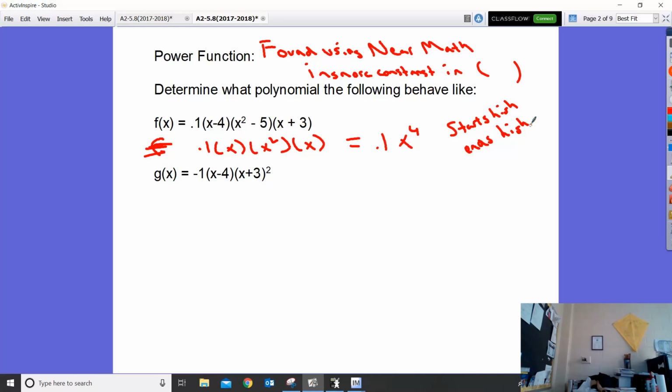What's our power function for g of x? It's -1 times an x that will be squared. So it's really what? Cubed. X times x squared is x cubed.